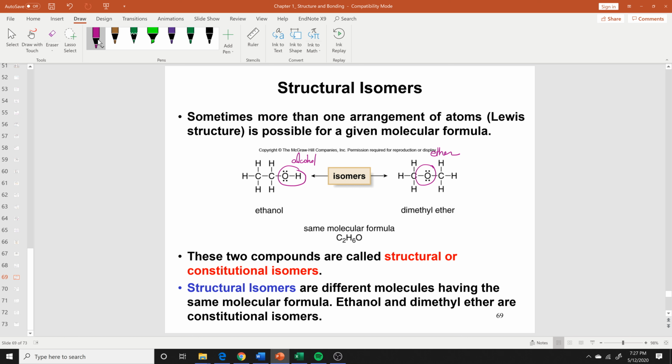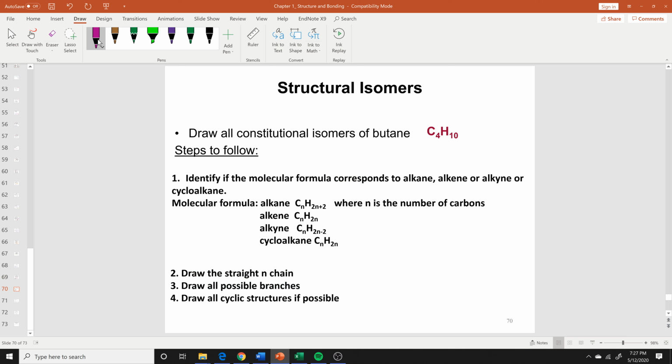So if I give you this and I ask you, draw the Lewis structure of C2H6O, one of you can draw the Lewis structure like this, another one can draw the Lewis structure like that. These two are not resonance. These two are simply structural isomers. They are constitutional isomers. You cannot go from one to the other by moving electrons. So they are not resonance in there. They are just basically structural isomers.